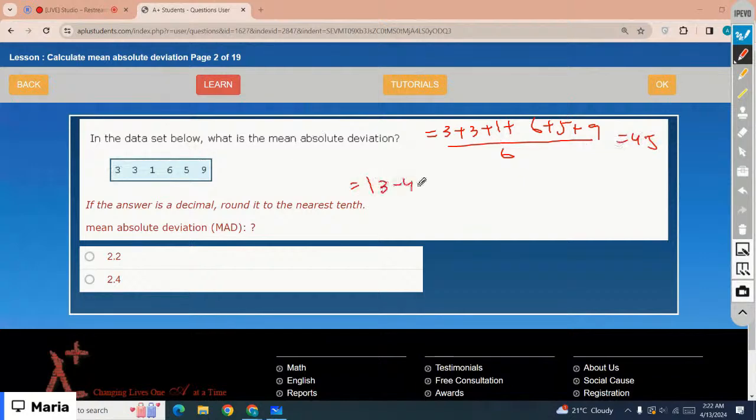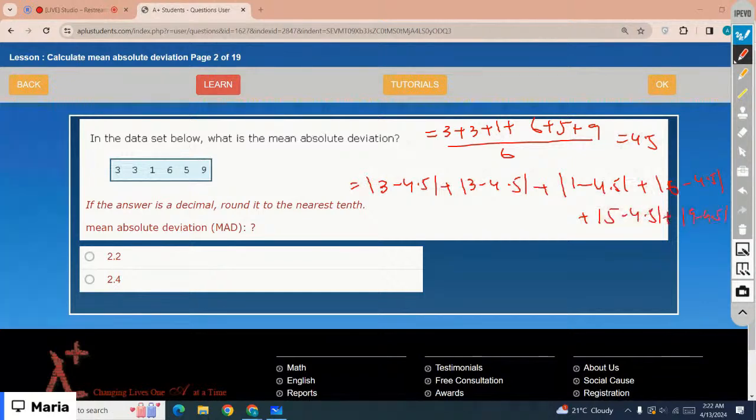3 minus 4.5, 3 minus 4.5. The next one is 1 minus 4.5, then 6 minus 4.5, then 5 minus 4.5, then 9 minus 4.5.